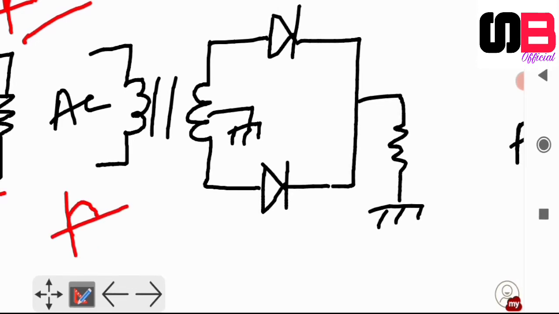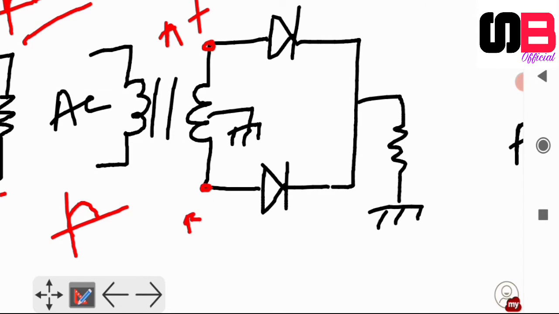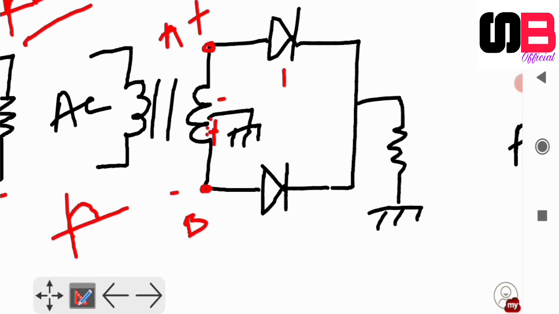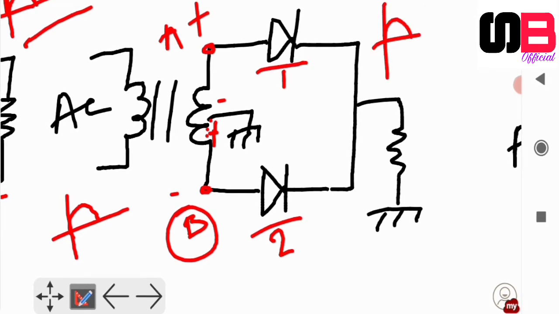Whenever the positive cycle comes, point A is positive with respect to point B, and across the center tap portion, this is negative and this is positive. So diode 1 will conduct and diode 2 will behave like an open circuit because B is negative with respect to A. So diode 2 is reverse biased and diode 1 is forward biased. So it will pass the positive half cycle.